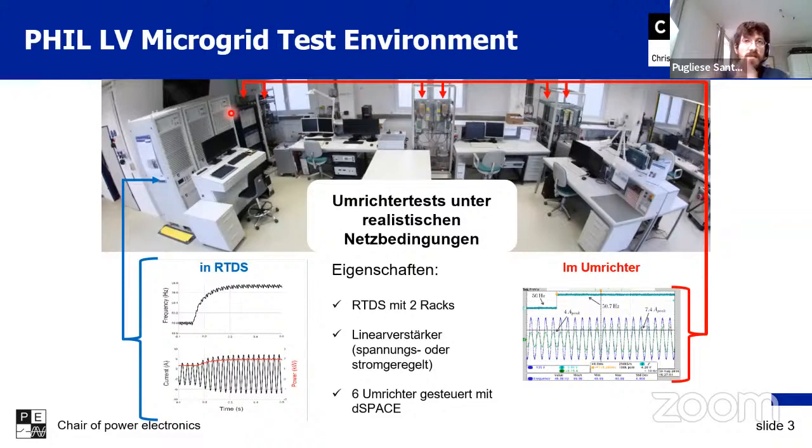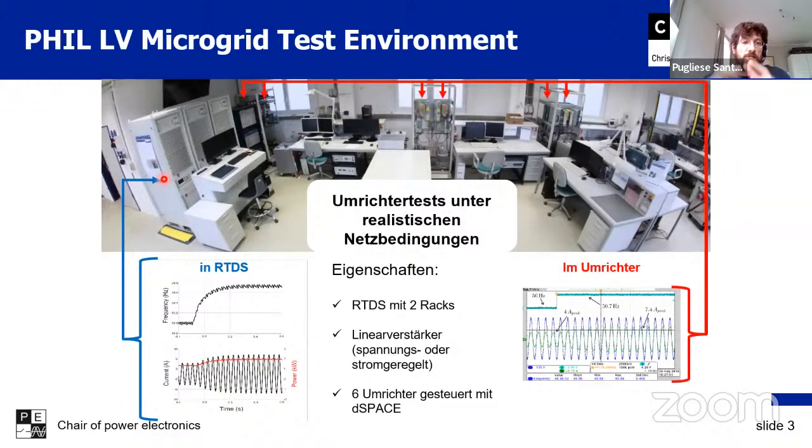If you want to test a specific converter in a more complex grid scenario, and we don't want to build a full microgrid in the laboratory, we can emulate a generator source in the real-time simulation, and we can interface our converter with this simulation using a power interface, which is called the power amplifier. This is the rack seen here on the left-hand side of this figure.